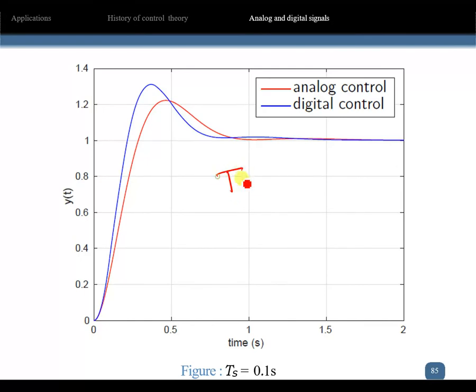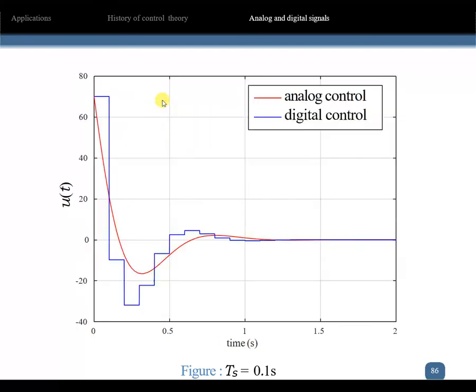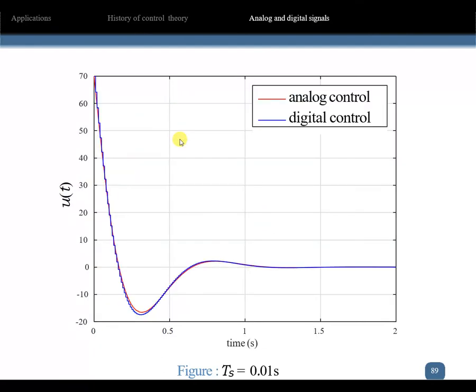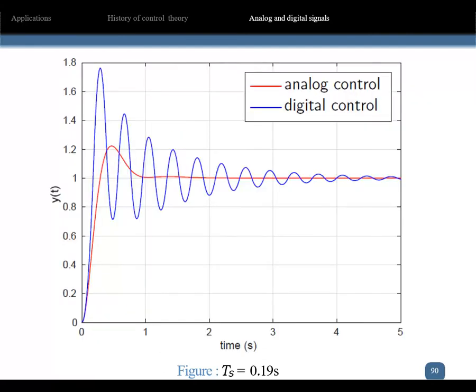If Ts is 0.1 s, the digital and the continuous have a big difference here. But if you change Ts to a little smaller, Ts equal to 0.01, you will see the analog and the digital overlap each other. This is what you can see between digital and analog.